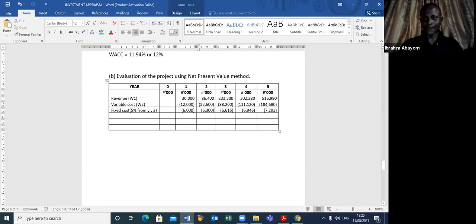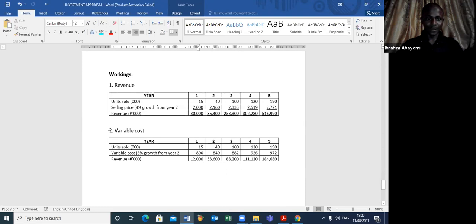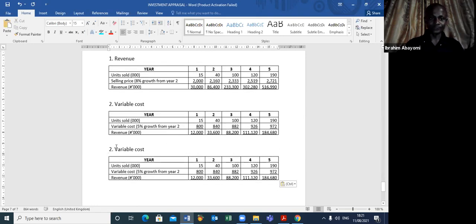I go down there and do my workload 3. I copy this, come and paste it, and call this workload 3, training and development cost.